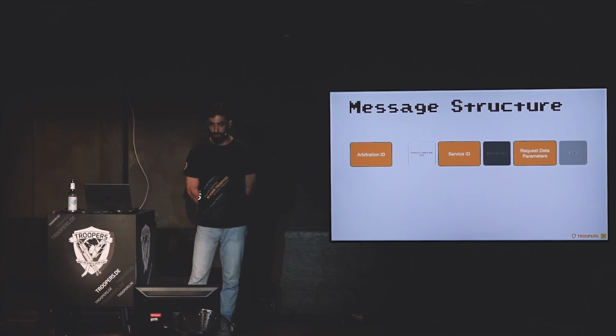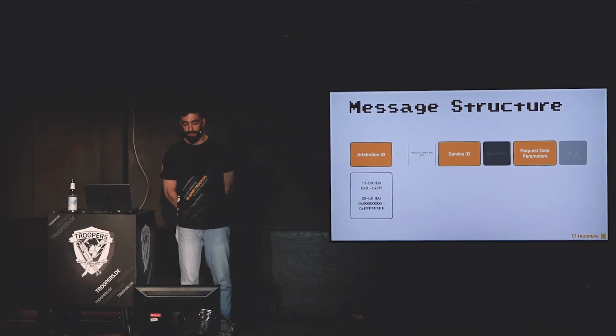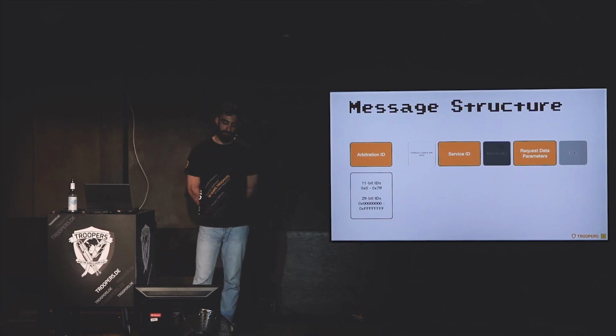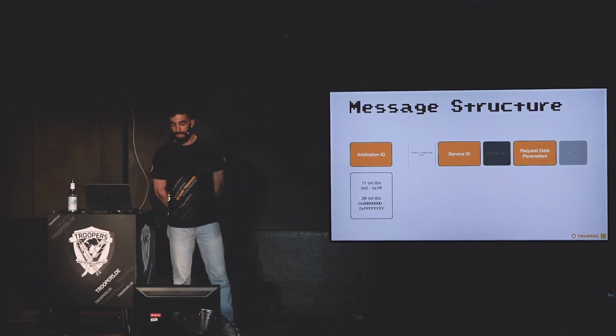Let's talk a bit about the message structure of UDS messages. First of all, we have a pair of arbitration IDs. These can be either 11 bits or 29 bits. There are two: one for the server, which is the vehicle, and one for the client, which is usually the tester or the device of the service department that plugs into your OBD to do the diagnostics or communicate with any ECU in your vehicle.